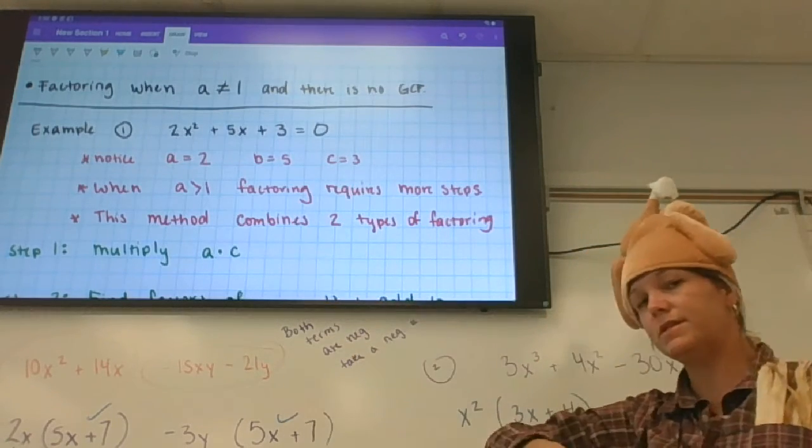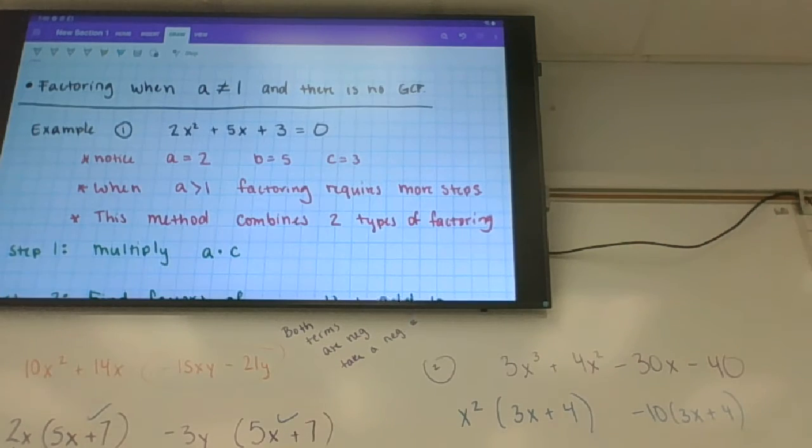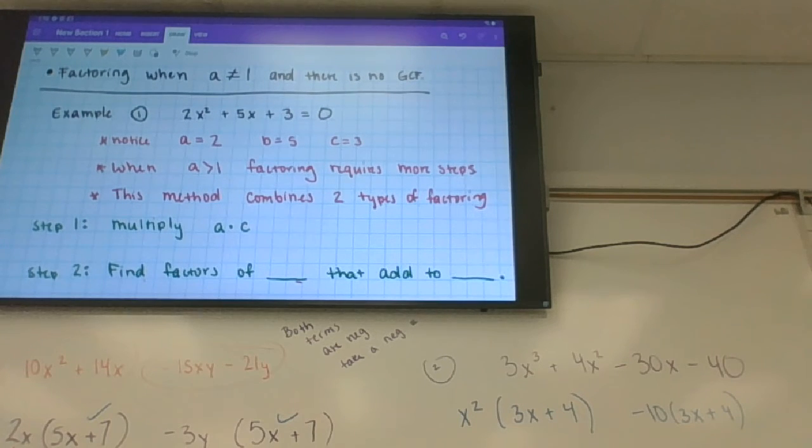I'm going to show you the steps, and then I'll do the problem with this. Feel free to take a picture. If you're more likely to look at a picture on your phone than look at the notes in your notebook, take a picture.